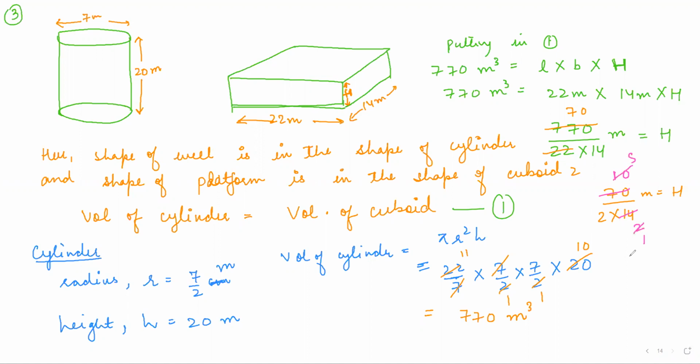So 5 by 2 meter is h, and that is 2.5 meter is equal to h. So the height of the cuboid is equal to 2.5 meter. Fine?